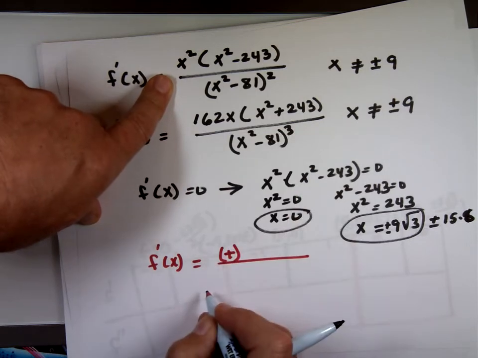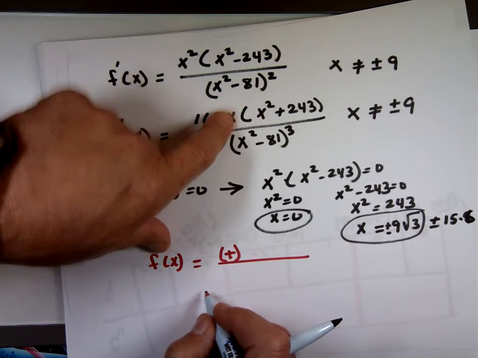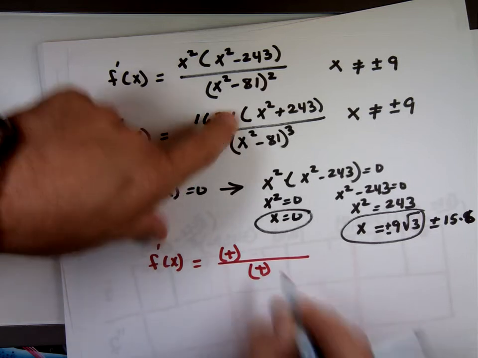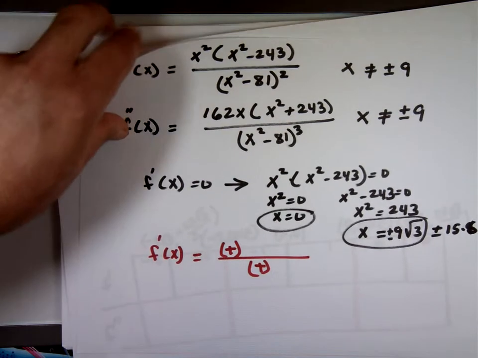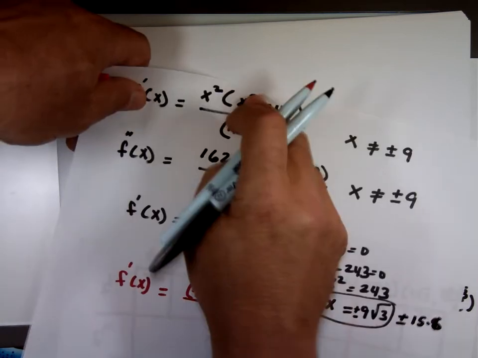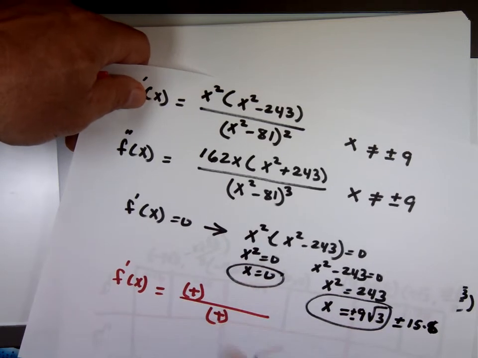What about that one? x squared minus 81 squared. That's always a plus. So all you have to do is take that test point, square it, subtract 243 from it. If it's negative, you know that's negative. If it's positive, the whole thing is positive. Because as far as we know, these two are positive, so the last one is going to determine what's going to happen.